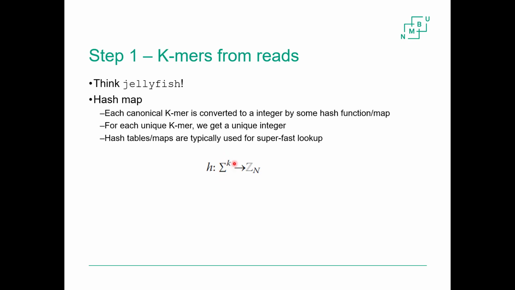It means the space of k-mers, or the set of all possible k-mers, and maps it onto the non-negative integers. This is capital Z, right? In mathematical notation. And it's even a subscript n, indicating no bigger than n. So these are all the integers from 0 up to n.